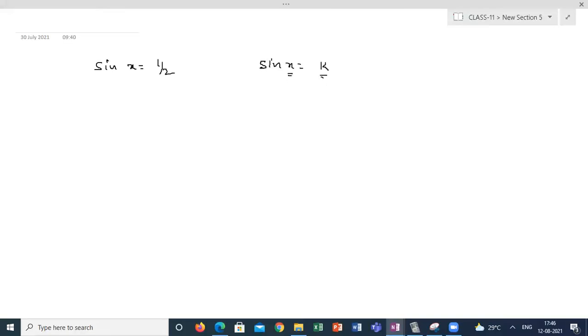For a particular value of alpha, you are getting k, correct? I'm writing, see here, the solution set of sin x. So I'm taking k is equal to sin alpha. Sin alpha, how many ways can you write it?